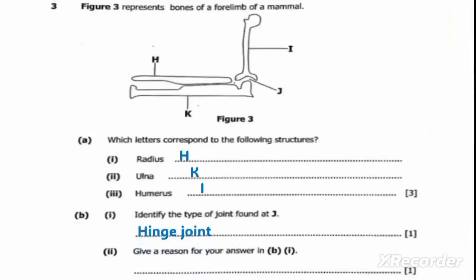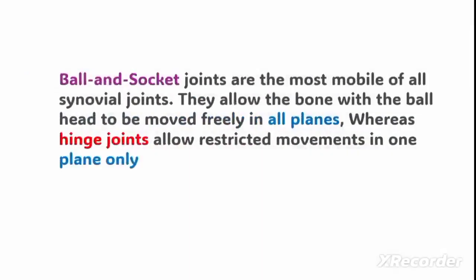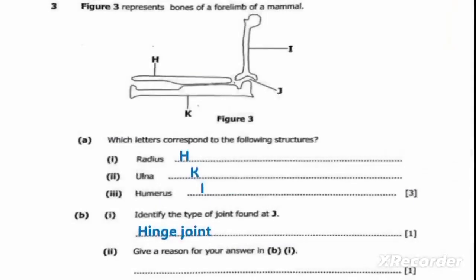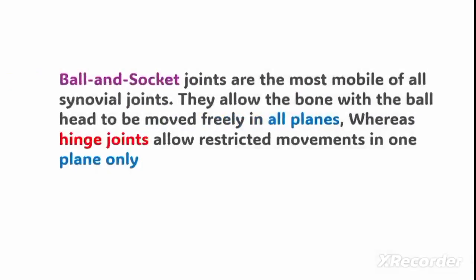We shift to the next question, which is question 3b, Roman numeral 2. Give a reason for your answer. Ball and socket joints are the most mobile of all the synovial joints.